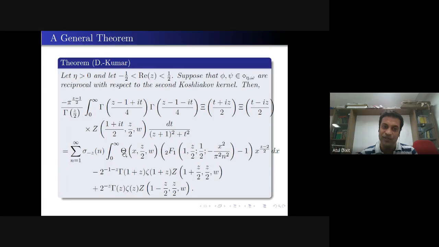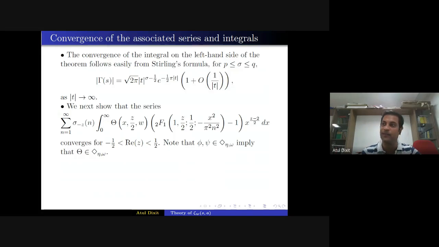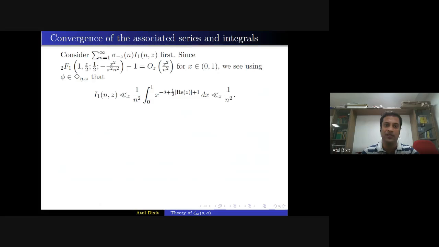The specializations for this theta function, capital theta function, that we are going to make reduces this to what one could call a Lommel function generalization. But I would not go over it. What I wanted to say is that a lot of things have their generalizations in this w parameter. So I'll skip the convergence of this series.